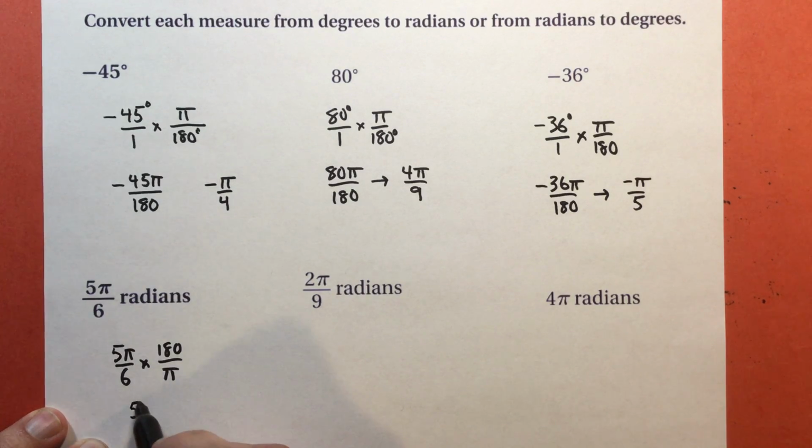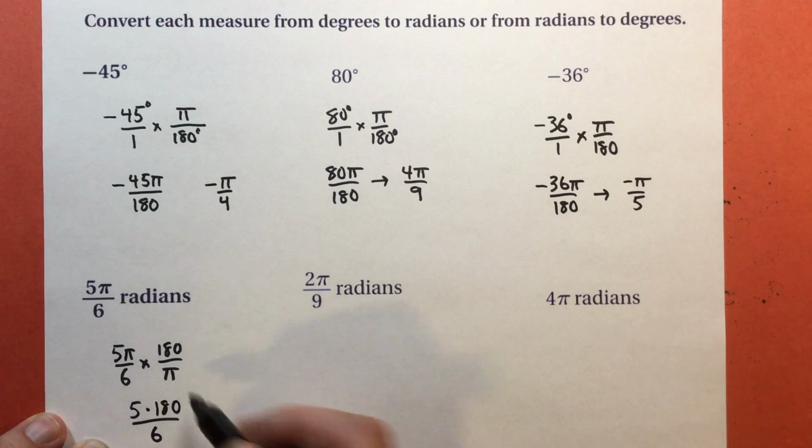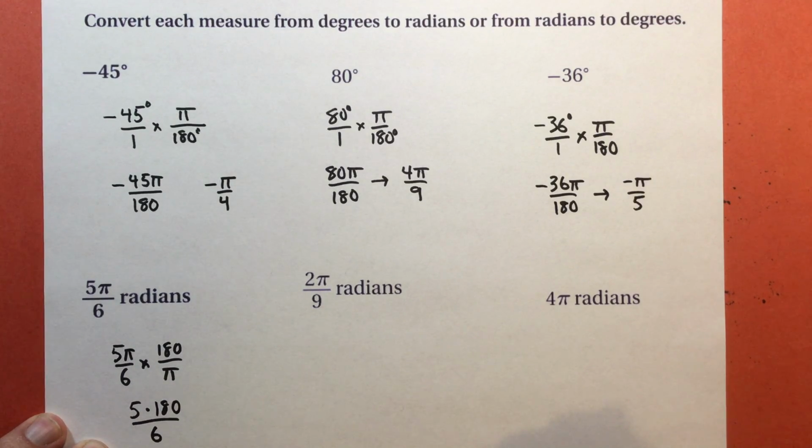So I've got 5 times 180 divided by 6 after I eliminated the pi. I can multiply, I can divide, I can see what might be easier to simplify. 180 divided by 6, that's easy, that's 30. So I get 5 times 30, this just becomes 150 degrees.